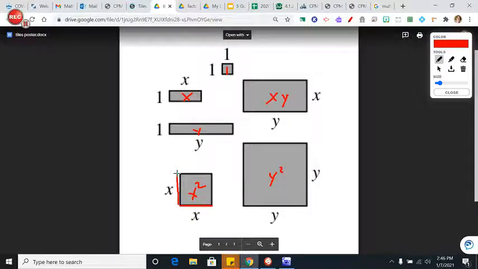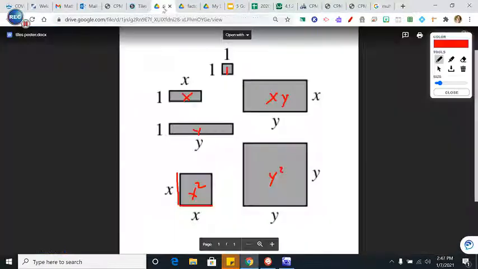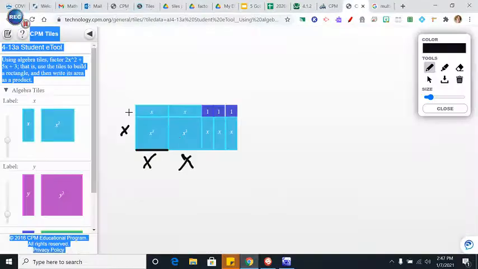And for the x rectangle, the short side of that rectangle is 1. So let me add that. This is 1, this is 1, this is 1, and this is 1.